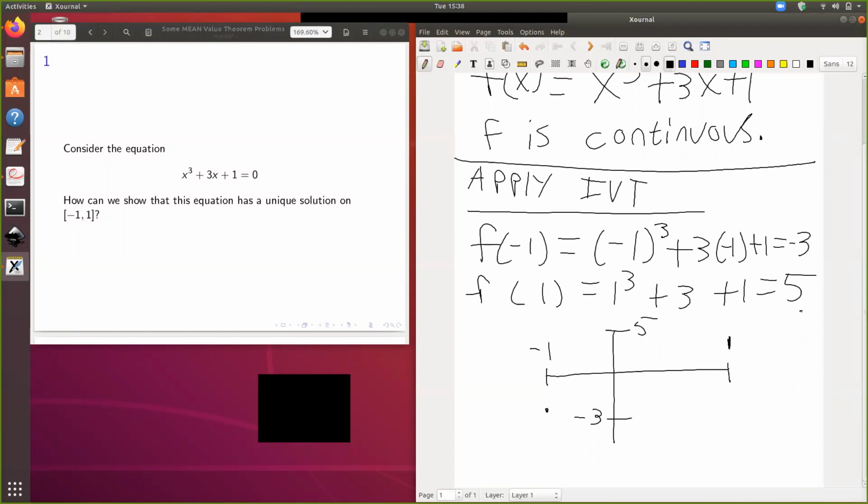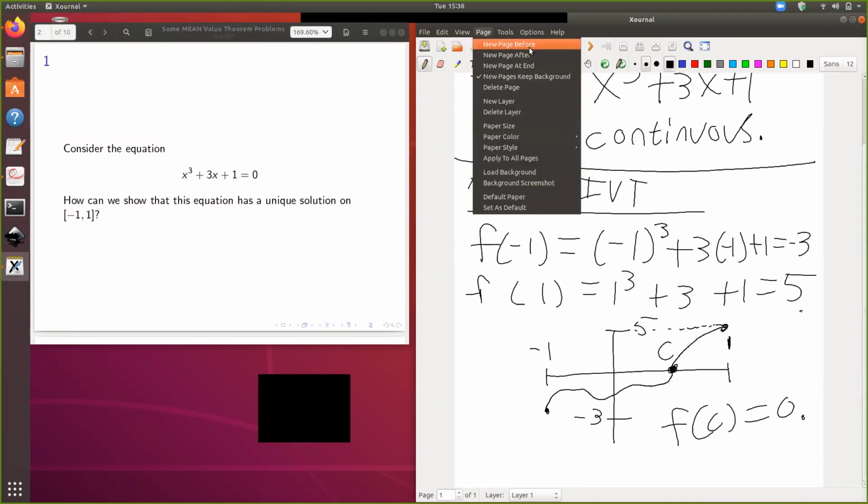It has to start down here and take some kind of journey where it has to bust up through the x-axis here and go to 5. This value here we will call C. And at this point, due to IVT, f of C equals 0.